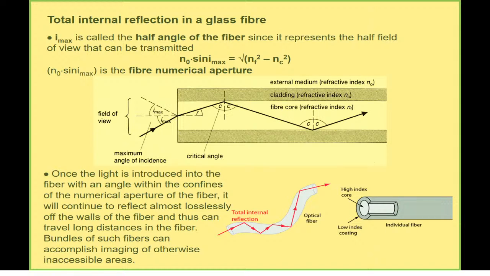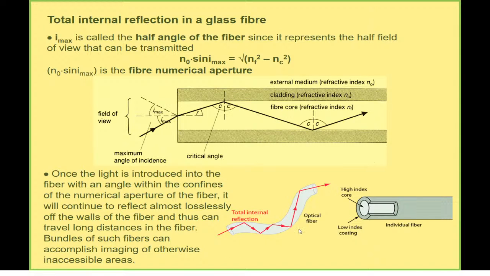So once the light is introduced into the fiber at this proper angle, within the confines of the numerical aperture of the fiber, it will continue to reflect almost losslessly off the walls of the fiber, and thus can travel long distances in the fiber, as I said already.